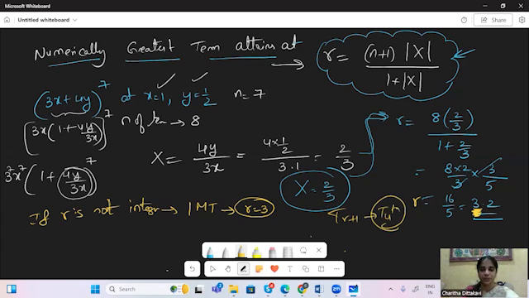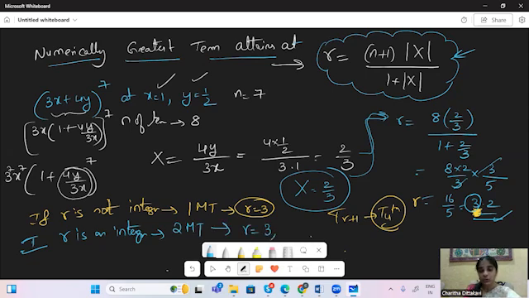Remember this point. Now, what is the other point? Suppose, as we got r equal to 3.2 here, it is not an integer. If it is not an integer, I said I will have one middle term, and that middle term is nothing but the integral part of the r value that I got. Now, coming to the case where r is an integer: how many middle terms do I get? Two middle terms. What are they?